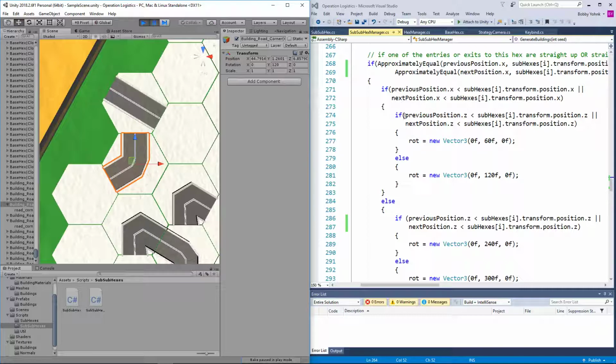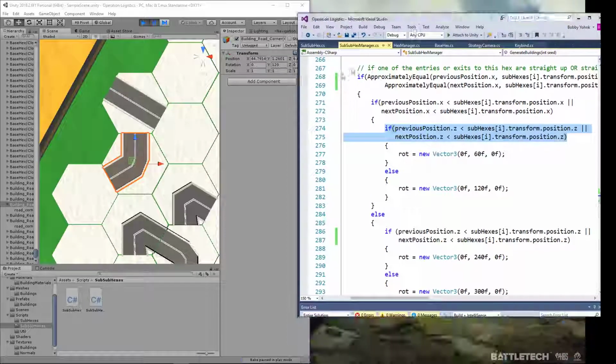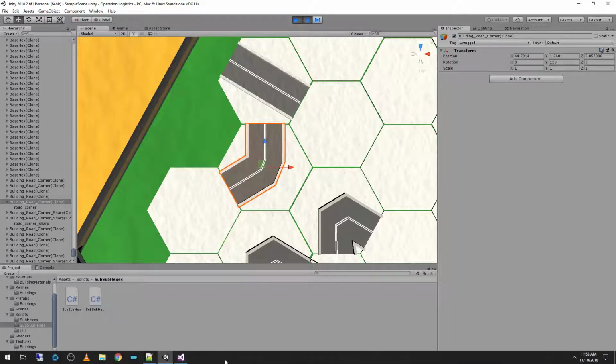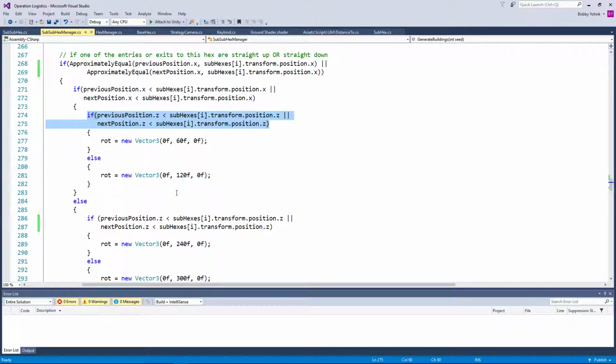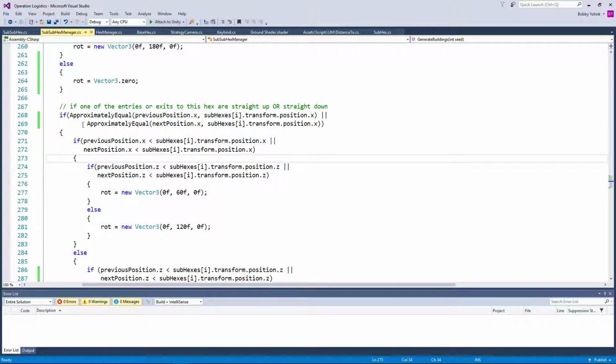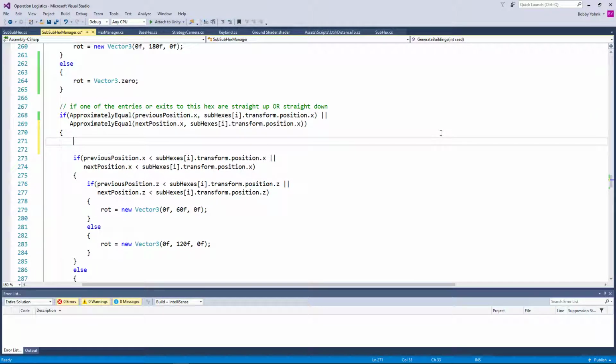So I think what we need to do is refactor this if statement a little bit. In order to do that, we need to determine which of our positions here is in play. So let's go ahead and do that, and we will say something along the lines of bool. How do I want to do this? verticalIsPrevious, I guess we'll say.